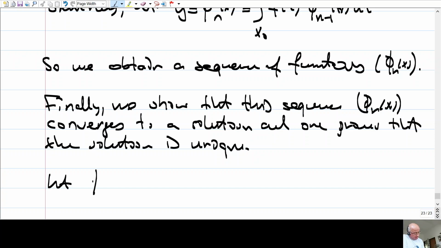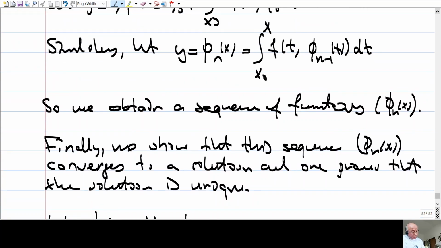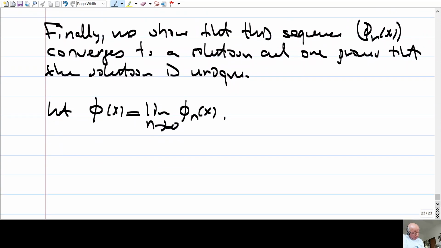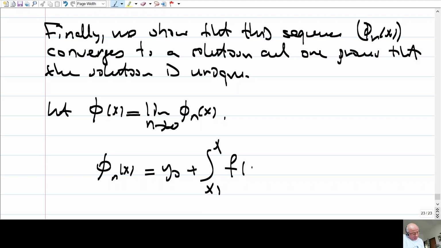So let phi of x be the limit of this as n goes to infinity. And then if you take the limit of both sides here, I have phi n of x equals y0 plus the integral from x0 to x of f of t, phi n minus 1 of t dt.